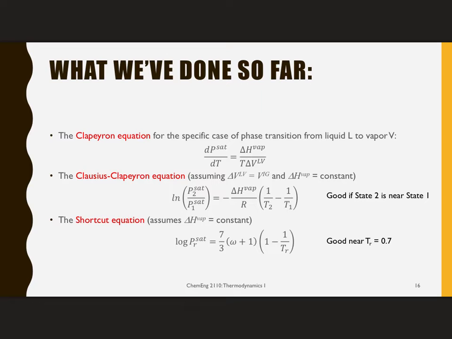In that case, we end up with log of the relative vapor pressure equal to 7/3 times (omega plus 1) times (1 minus 1 over TR). This is exactly right at TR equals 0.7. But generally, once you get to a relative pressure of 0.5 or greater, this one's actually going to be better than the Clausius-Clapeyron.